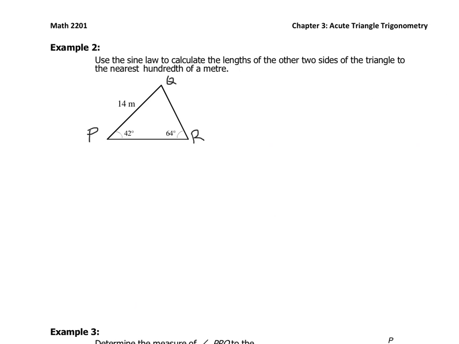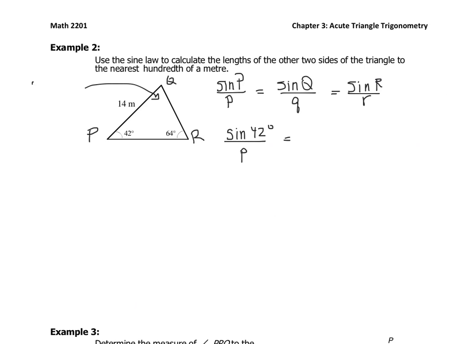But if I do this one, I have sine of P over side P equals sine of Q over side Q equals sine of R over side R. So we fill in what we know. We know that P is 42. We don't know side P, so I'm just going to leave side P. Sine of Q, I don't know, but I can figure out Q very quickly.